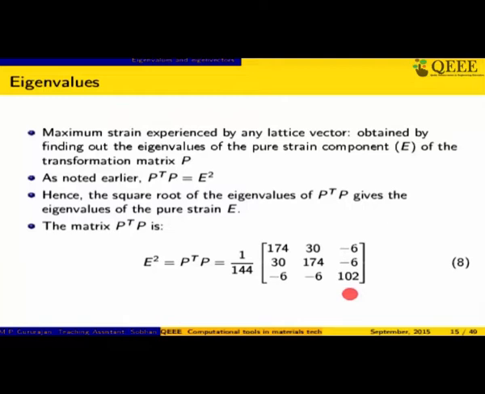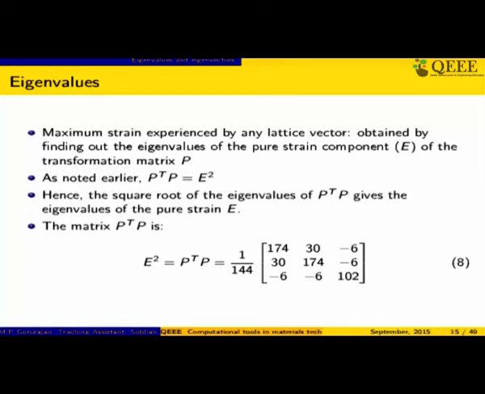So it's actually 174 by 144, 174 by 144 and 102 by 144. So it's not 450, it is 450 by 144. Somebody has given me 450, but it is not 450. It's 450 by 144.